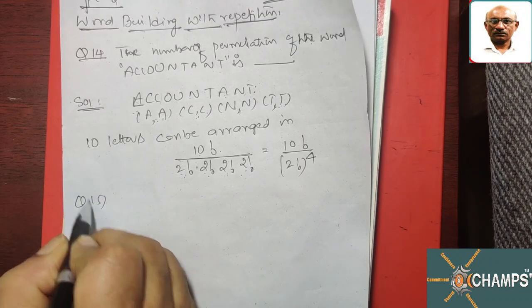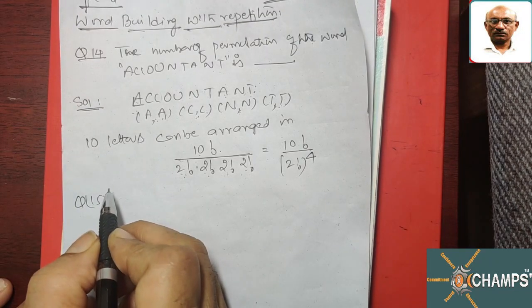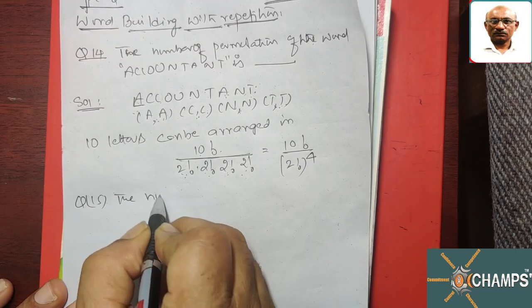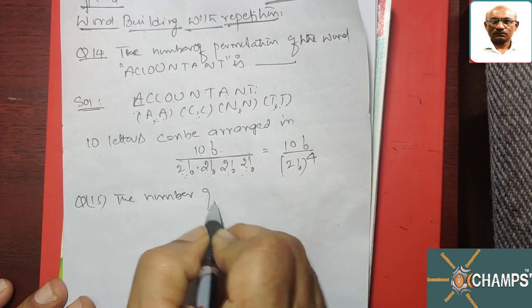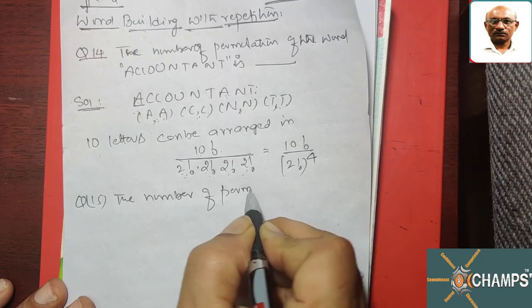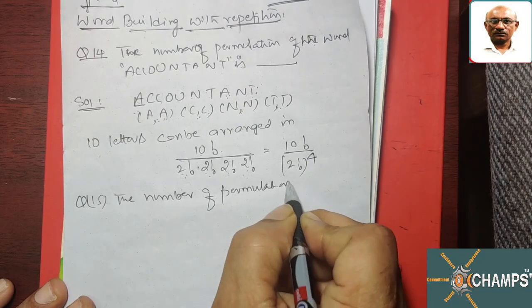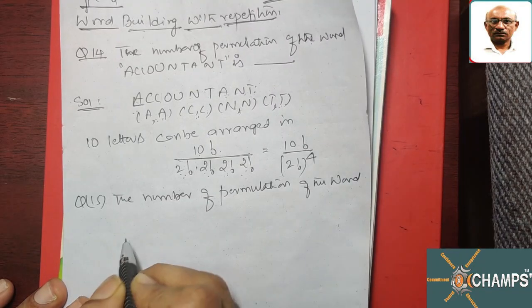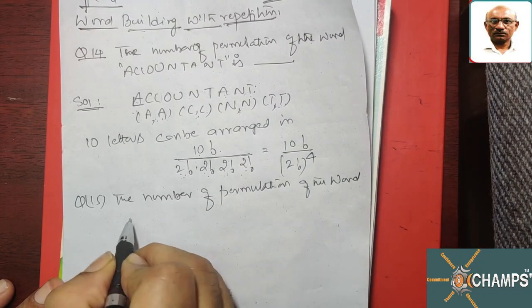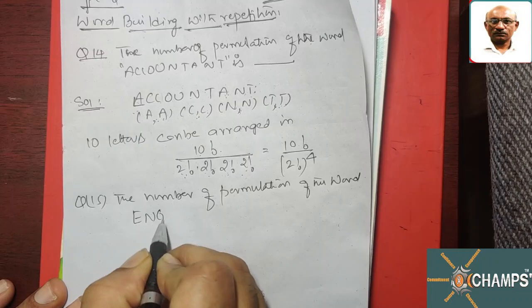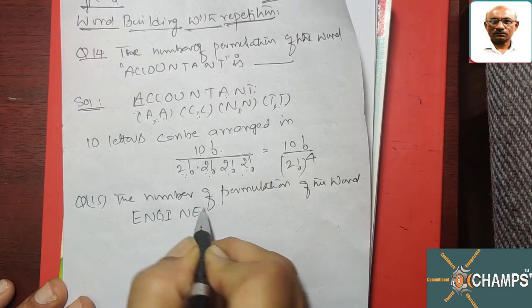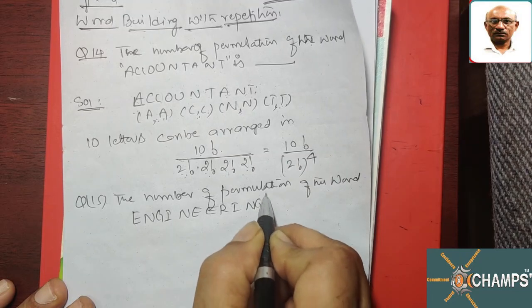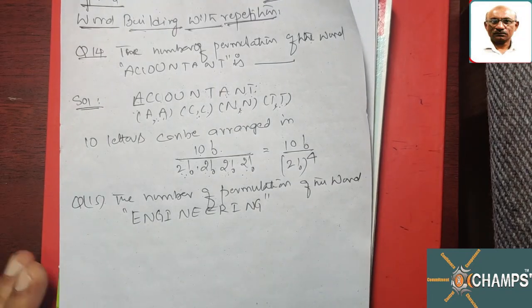Look at question number 15. The number of permutations of the word engineering.